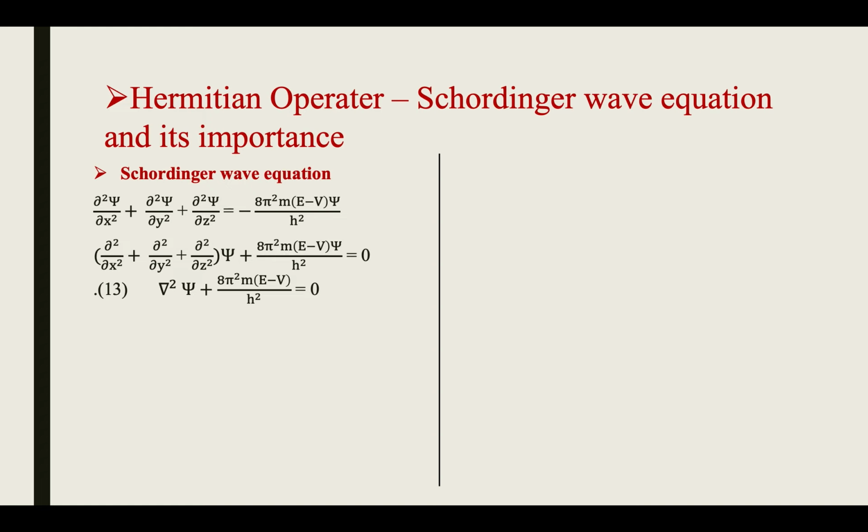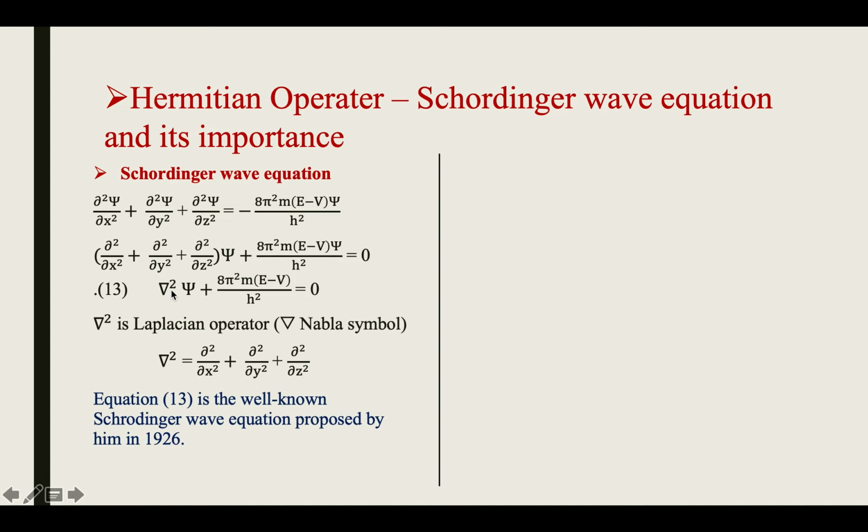Now the left hand side is minus, so if you take it to the right hand side it becomes plus, and if you take out psi as common, then you will get this differential equation. Here this differential term we denote as nabla, that is the Laplacian operator.